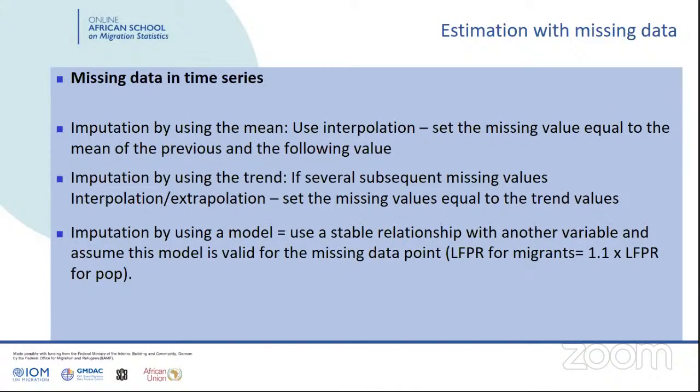Well, we could calculate the average for 2013 and 2017 and put it into the 3 missing cells, but the better way would be to calculate a trend from 2013 to 2017, and then put the trend values into 2014, 15, and 16.